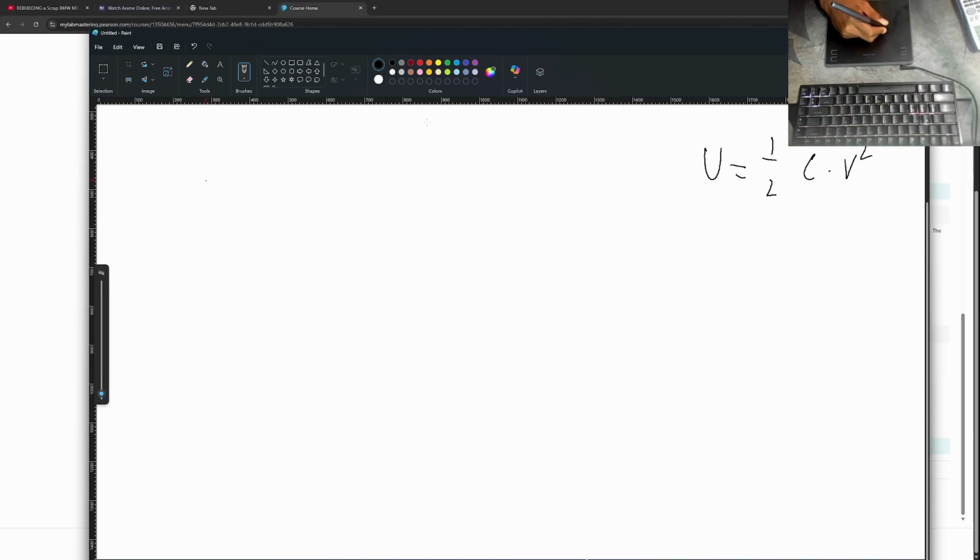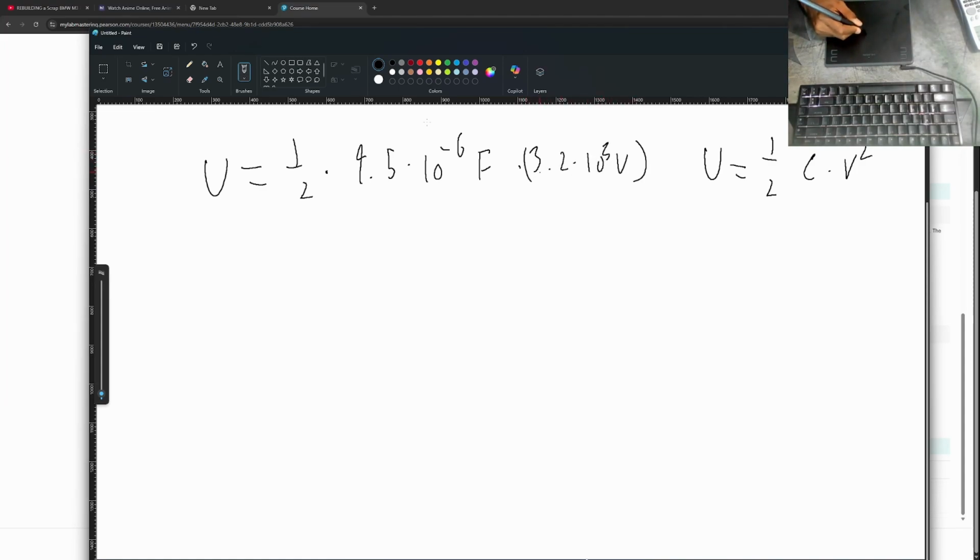And so we have our stored energy is equal to 1/2 times 4.5 times 10 to the power of negative 6 farads, and then we have our voltage, which was 3.2 times 10 to the power of 3 volts squared. So it's just 3200.